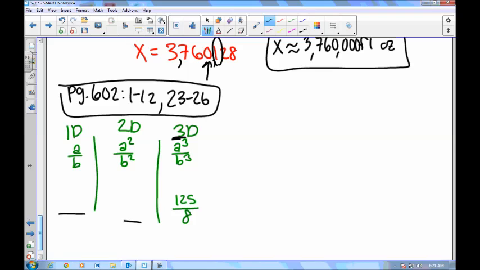If this is cubed, how do you undo a cube to go back to one dimension? Cube root. So you'll take the cube root. What number times itself 3 times is 125? 5. And what number times itself 3 times is 8? 2. And then for 2 dimensions, we just square that. 5 squared is 25. 2 squared is 4. So if you have to work backwards, you take the cube root if you're in 3 dimensions. If you're in 2 dimensions, you take the square root. There's your hint for that box for number 23 through 26.